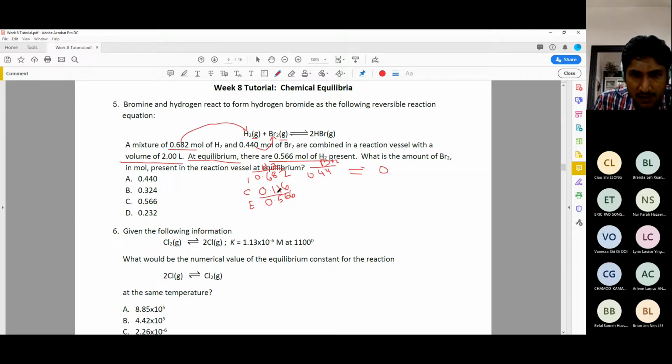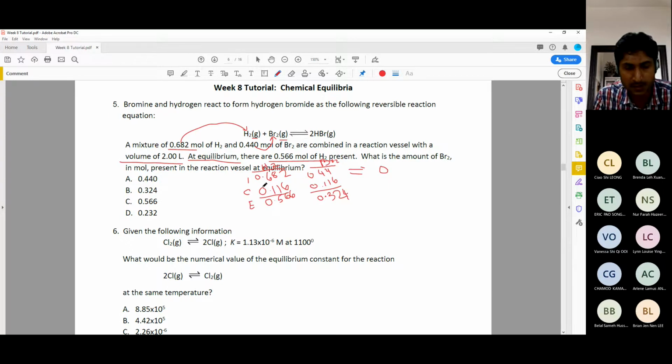So if I used up 0.116 moles of hydrogen, I will also use 0.116 moles of bromine. And then the balance is what remains at equilibrium. All right, so 0.44 minus 0.116 is 0.324 moles.